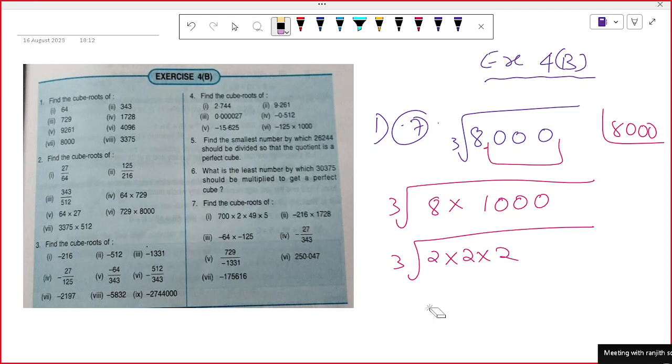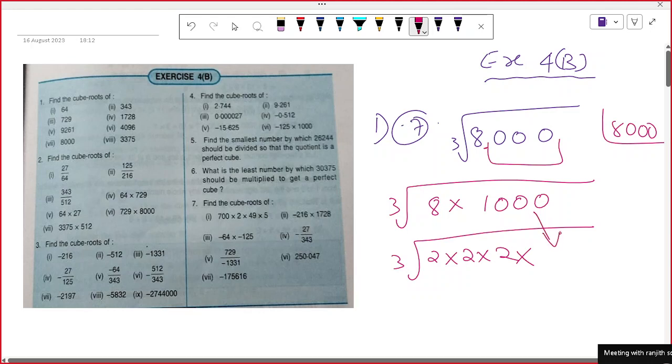How can you write 2 into 4 for this? We are factorizing, right? 2 into 2 into 2. Okay, next. 10 into 10 into 10. You'll write it like this, you'll get full marks. Apart from this, you write other things, you'll get 0.